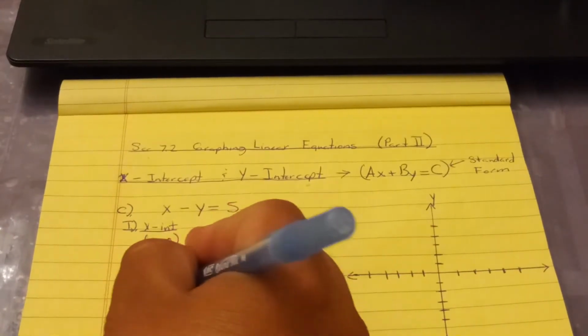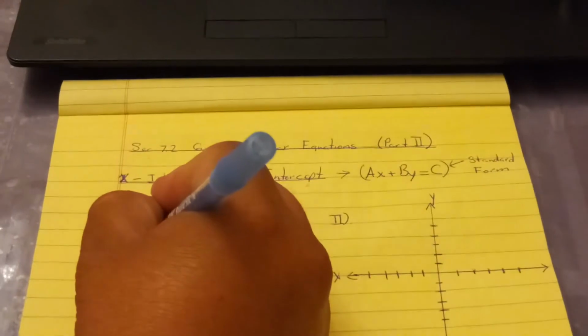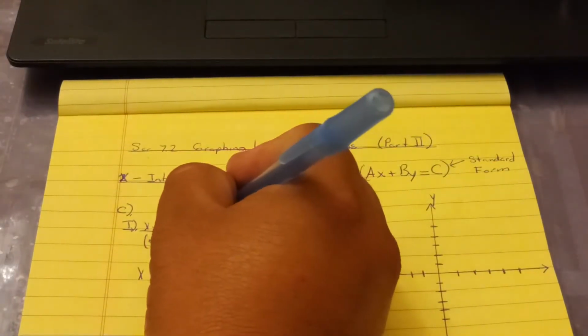X. So your x is equal to 5. So your x-intercept is 5, 0. Now the only thing that's going to happen here is that these are going to be on your axes. Either it'll be on the x-axis or the y-axis, depending on what you're solving for. Alright, so that's your x-intercept.